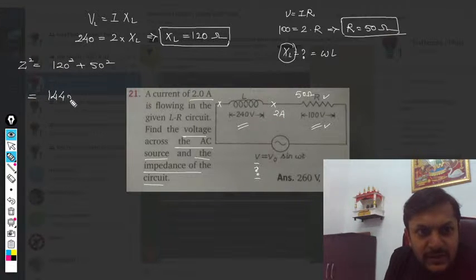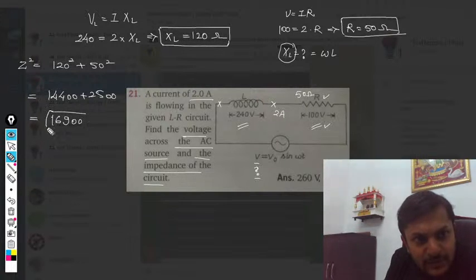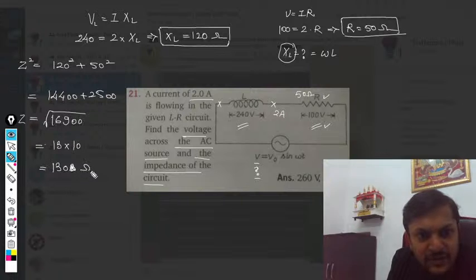Okay, this comes out to be easy. So this will be Z. So impedance will be, this will be 13, and 13 multiplied by 10, 130 ohms.